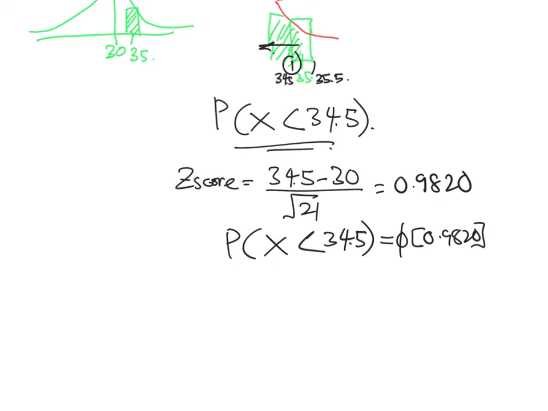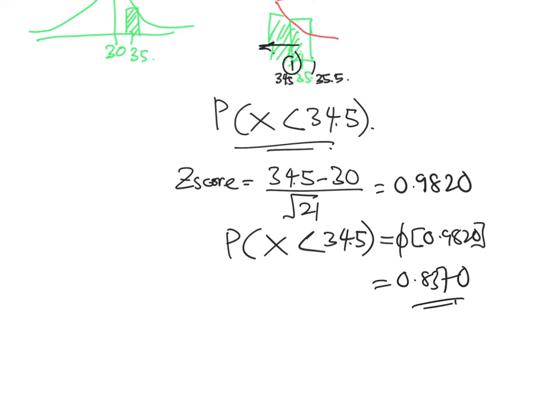The value that I have from MF19 is 0.8370.